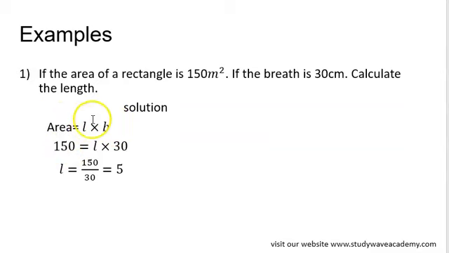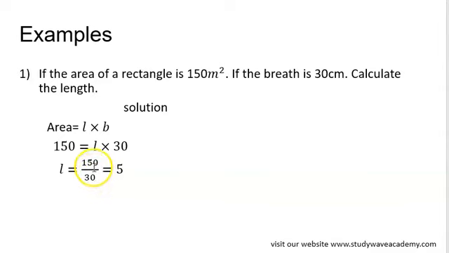Okay, our area here is 150 meters squared. We write out 150 equals, the length we are looking for, so we write L, times the breadth or the width, which is 30 centimeters. You write it out. What do we do next? We make sure that our length is on one side and we divide by 30. You divide each side by 30, and you have 150 over 30 here.